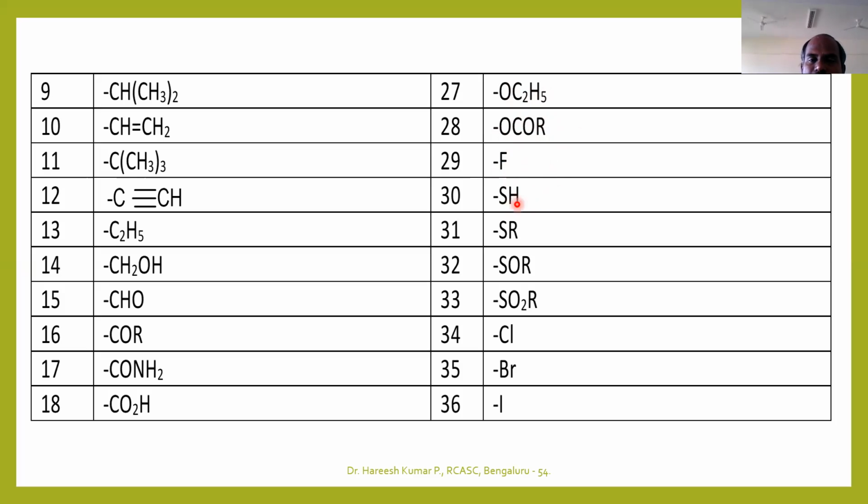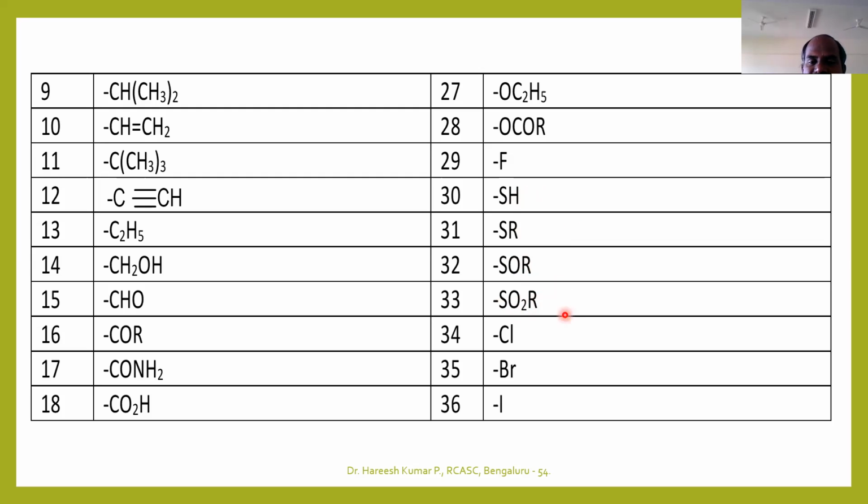The thiol group takes priority compared to fluorine, because of atomic number. Similarly, a thioether, maybe alkyl or aryl group, is called ether, thioether. Thioether takes priority compared to the thiol. Similarly, sulfoxide takes priority compared to the thioether.